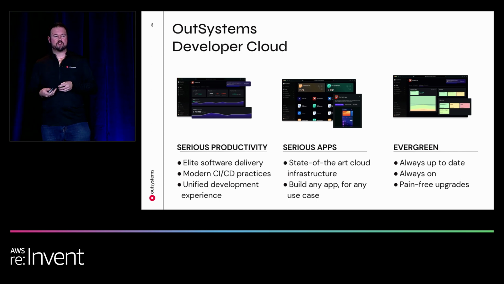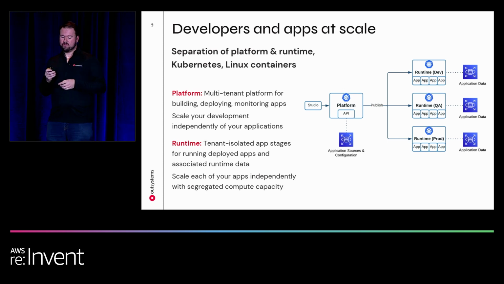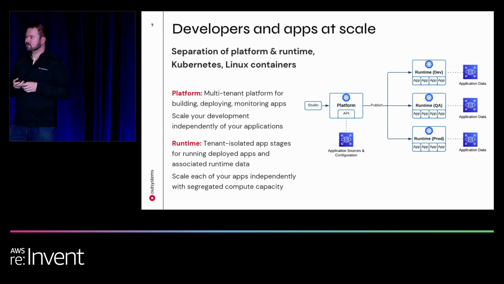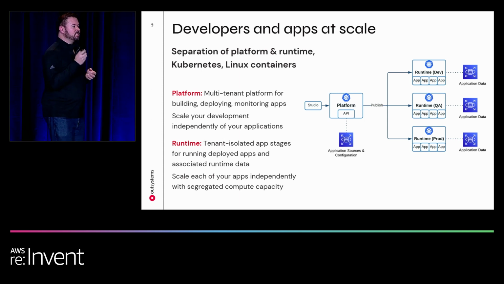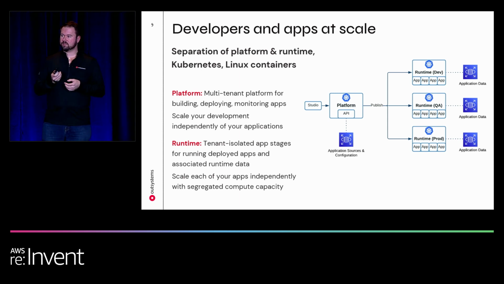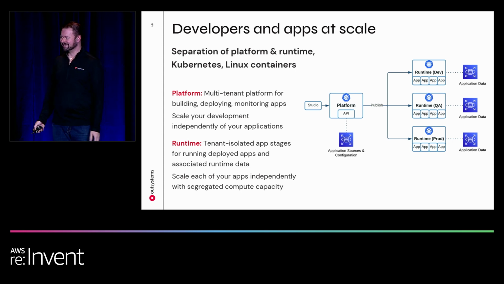We are always incubating the newest technologies. And the reason we're able to do this is the way that we've built this is we have separated out our runtime and our platform services. And this is a really important architectural choice. When we built OutSystems originally, we built it like a monolith, because that's what we all did 20 years ago, 5 years ago.